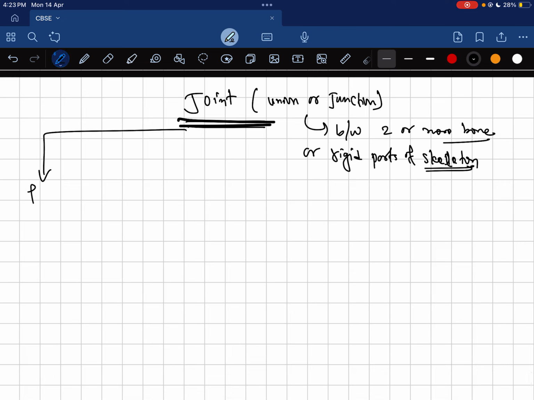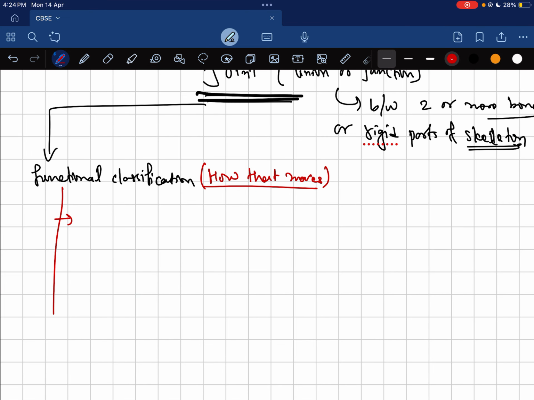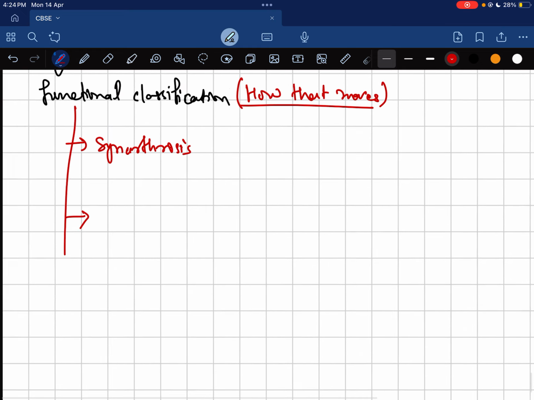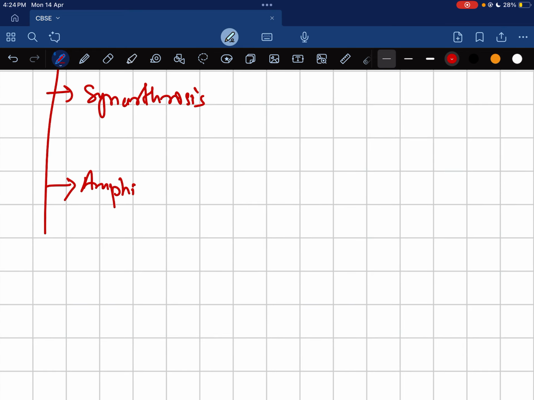In the functional classification, joints are classified as synarthrosis, then amphiarthrosis, and the last one is diarthrosis.